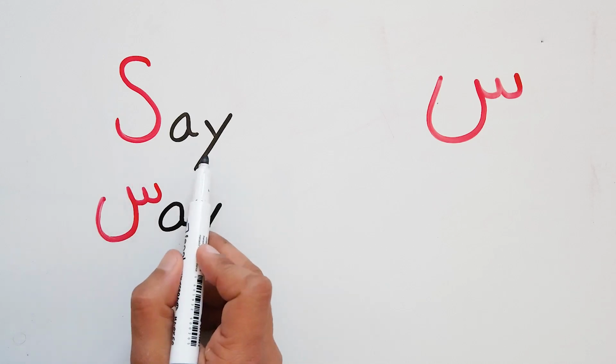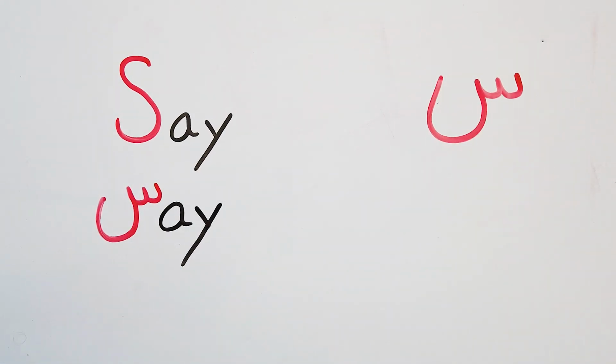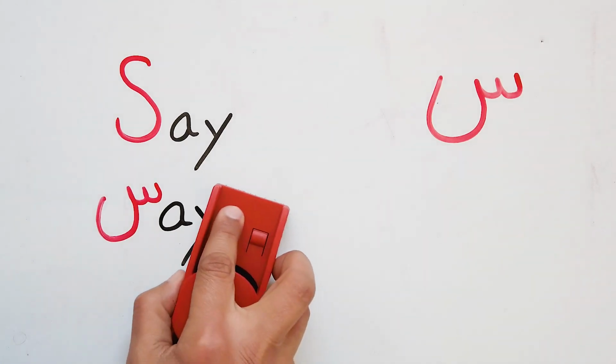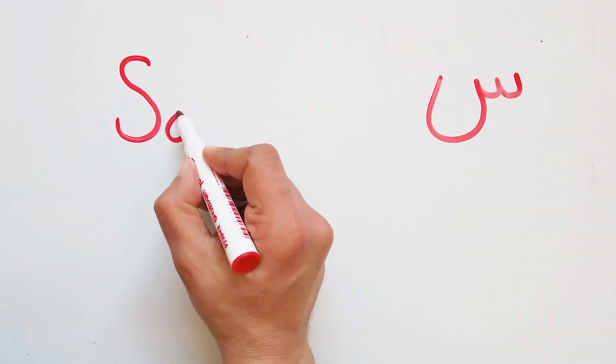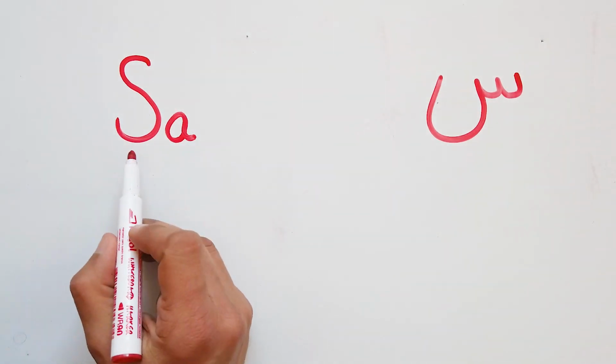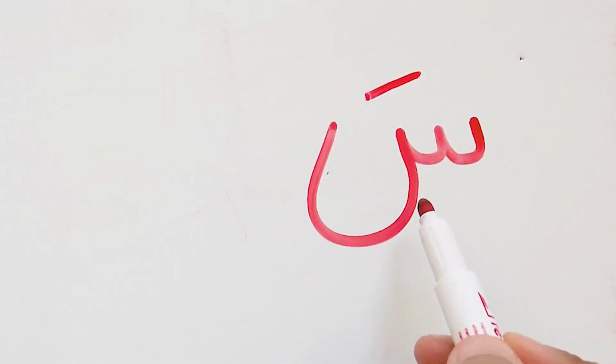Say, s. Okay, so another thing, if I remove this and this, and now I want to say se, so I must add this mark on the top. Se.